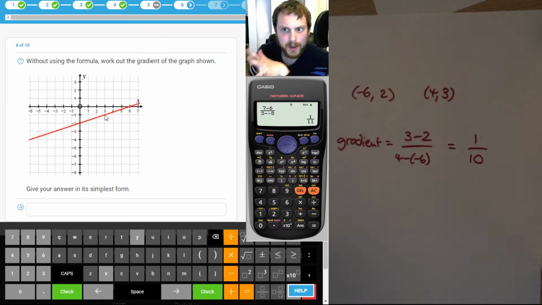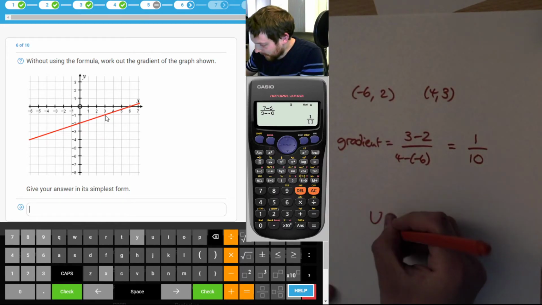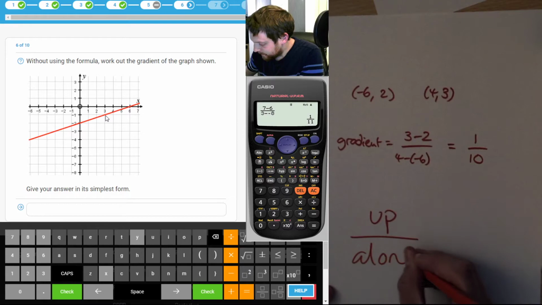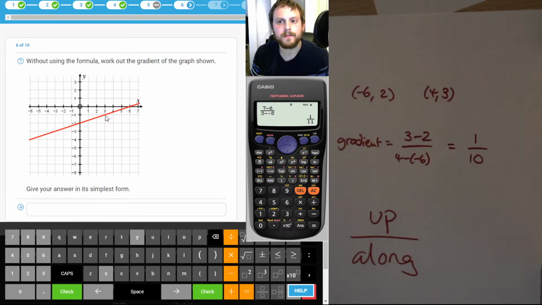And so these are much, much easier to use. So here's one, and here's another one, and that's what I'm going to use. I've gone 3 along and 1 up. Now remember, the up number goes on top. The up number is 1 and the along number is 3. So this one has a gradient of 1/3.